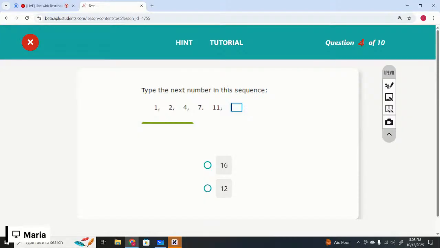So for the next number, you need to add 5. So 11 plus 5 makes 16. It is option number 1 is the correct option.